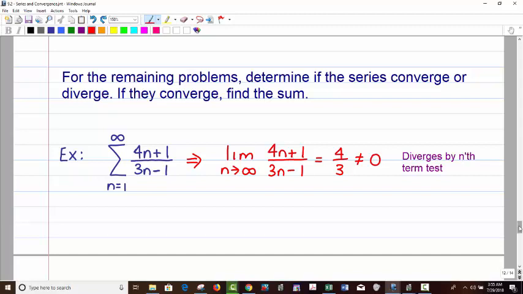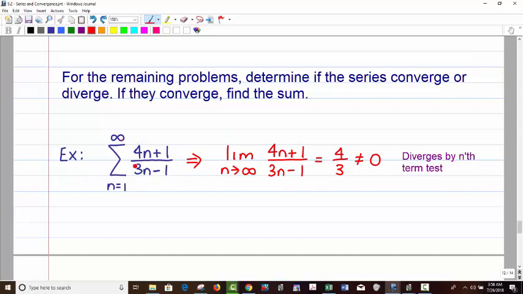The rest of this chapter, we're only going to care if they converge or diverge and by what reason or reasons, because some of it would be far too mathematically complicated to figure out what it converges to, but the rules to determine whether or not they converge aren't that bad. So only for telescoping and geometric will we be interested in the value they converge to.